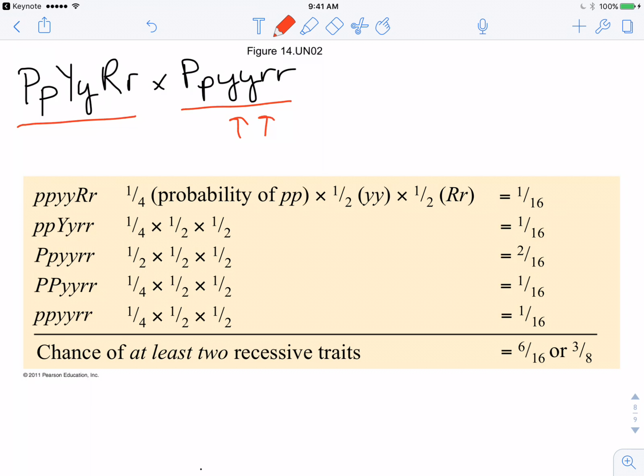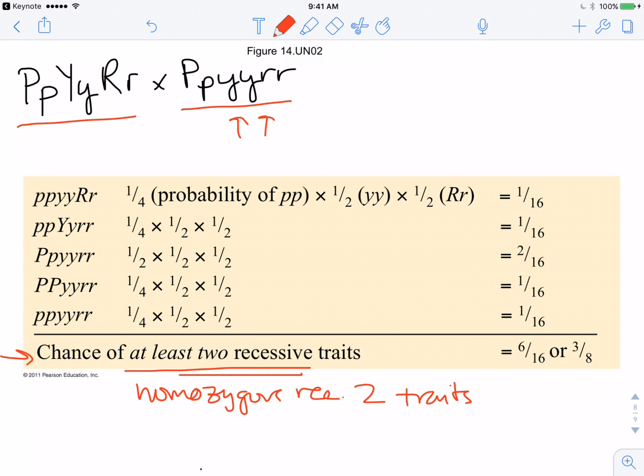So the question is, what is the chance that we're going to get an offspring with a genotype that has at least 2 recessive traits? So it's homozygous recessive for 2 traits. Okay.